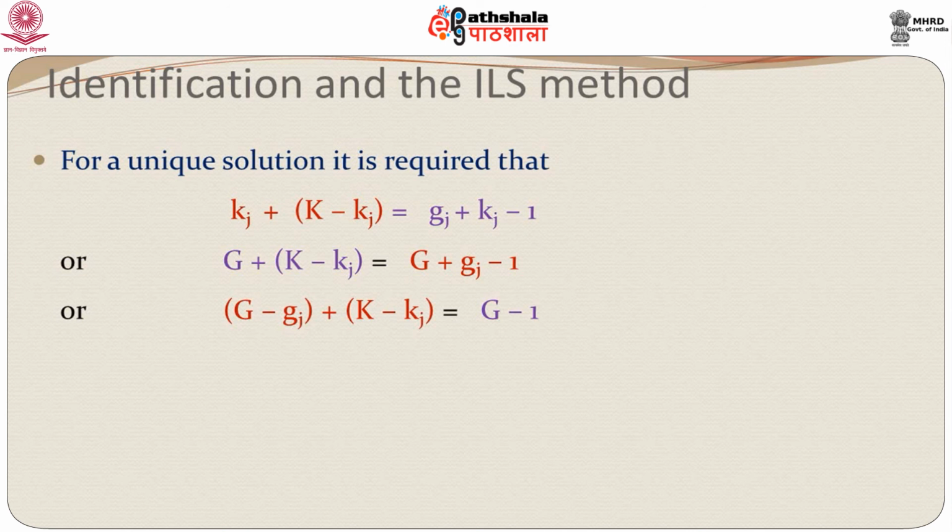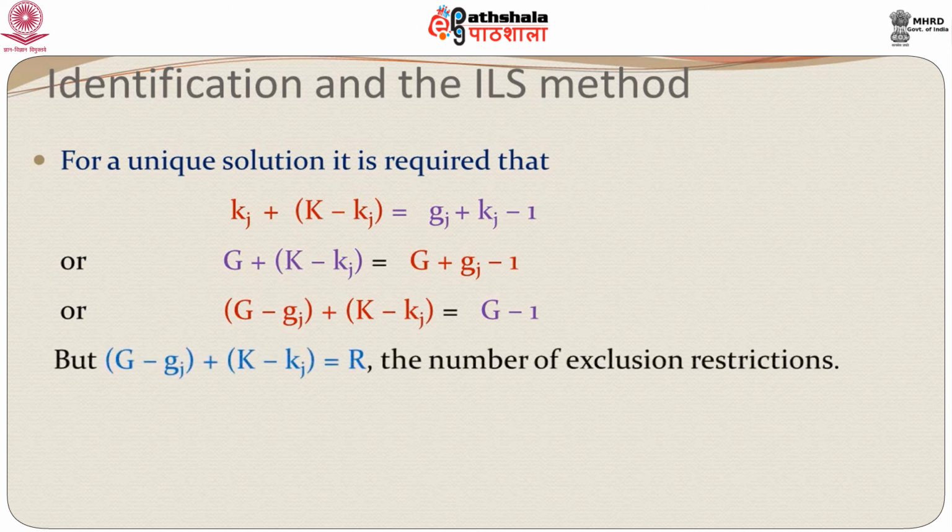And what is k minus kj? It is the number of exogenous variables that are left out. And by the exclusion restriction, so we have R restrictions where R should be equal to g minus gj plus k minus kj, that is the number of variables which have been left out. So, R must be equal to, so the right hand side is g minus 1, left hand side simplifies to R, and therefore, R must be equal to g minus 1.